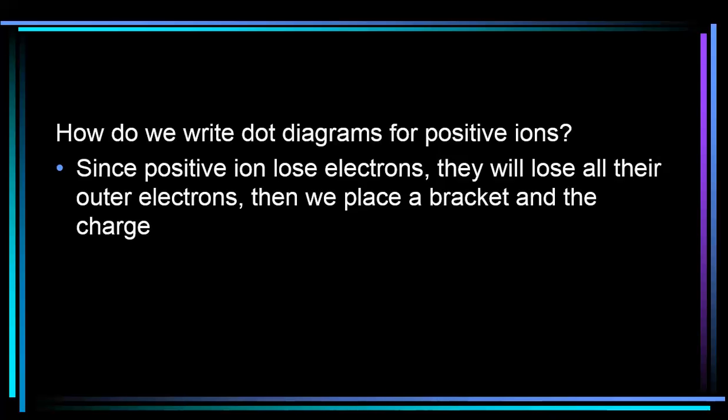Since positive ions lose electrons, they will lose all their outer shell electrons. So we place them with a bracket and a charge. Let me give you an example. Calcium has 2 dots. Why? Second column. This isn't hard.